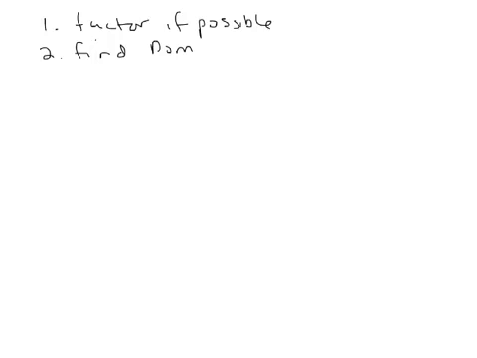Okay, let's summarize what we are doing to graph these rational functions. The first thing that you need to do when you're graphing the rational function is factor, if possible. Okay, we need to find the domain. We need to find the vertical asymptotes.